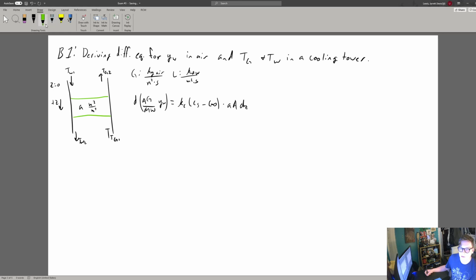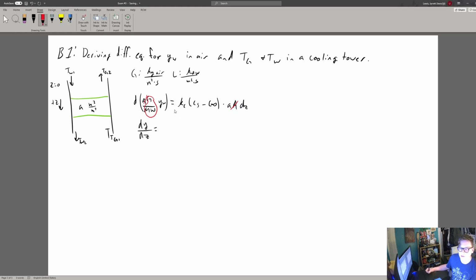This here, let me change colors so you can see better, is essentially constant throughout. So you can take that out because there's no real change, and the same for the area, it doesn't really change, but it cancels out because we have area on both sides. Then we can also divide by the change in height to rewrite our equation. So the change in the mole fraction over the change in height is going to be equal to some new quantity.